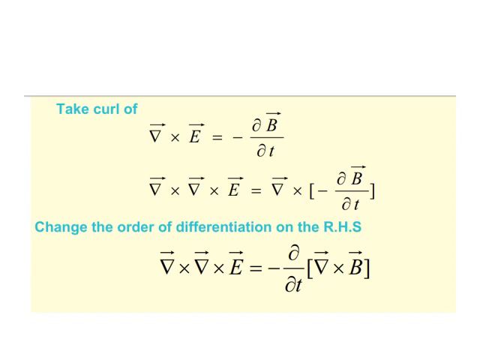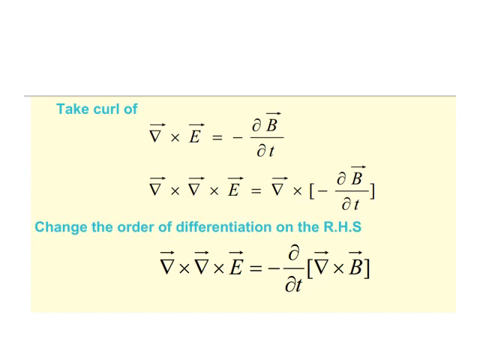We take del cross E is equal to minus dou B by dou t, where B is equal to mu into H. Taking the curl on both sides, the left side becomes del cross del cross E, and the right side is del cross of minus dou B by dou t.